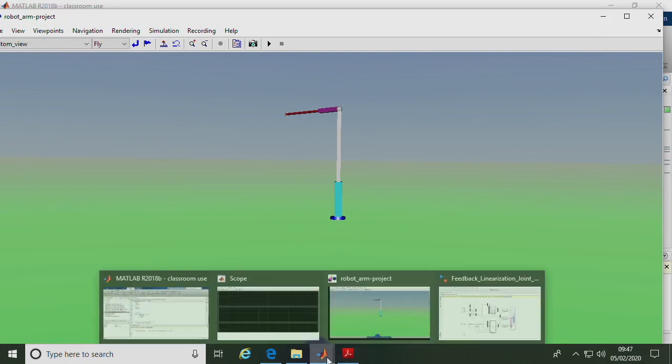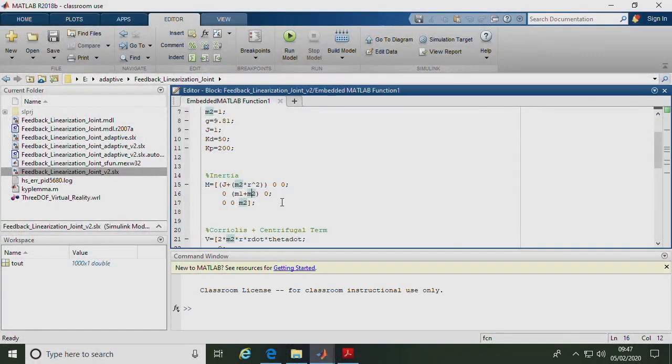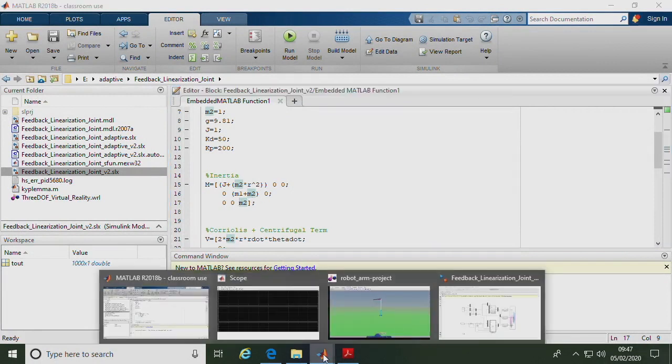And what we get in addition is a movement of mass 2 in the horizontal direction.